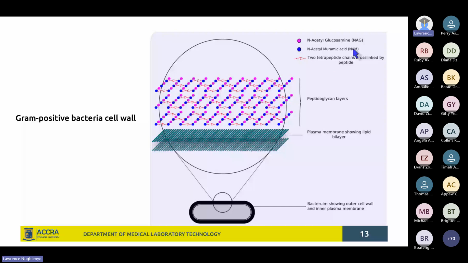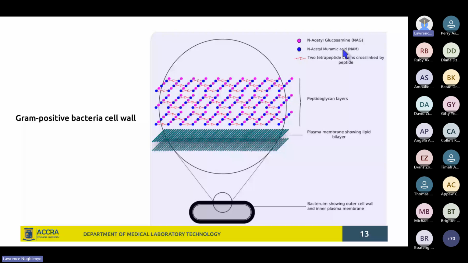Then you have some cross-linkage between them, and this cross-linkage is joining these oligosaccharides, because this N-acetylglucosamine and N-acetylmuramic acid are derivatives or modifications of monosaccharides.